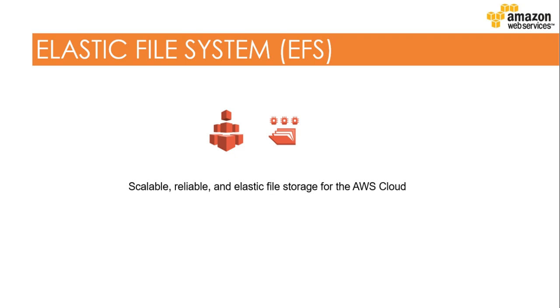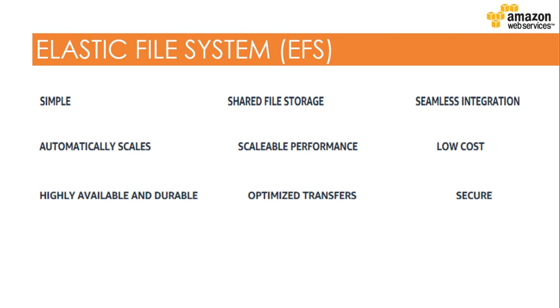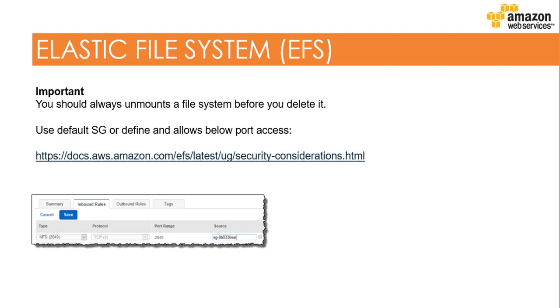Another good thing is that with EFS you can mount it on a number of servers, whereas with EBS that is not possible, and S3 doesn't fall into that category. EFS offers simple shared file storage, seamless integration, automatically scalable performance, low cost, high availability and durability, optimized transfers, and security.